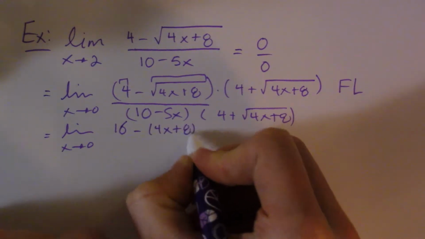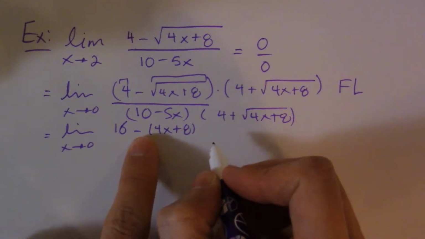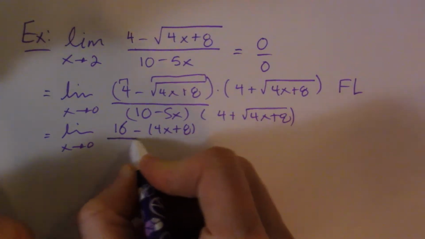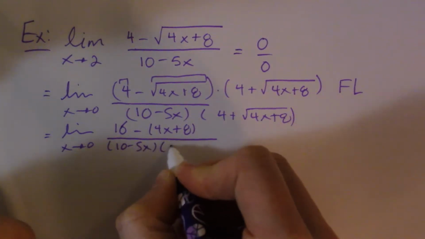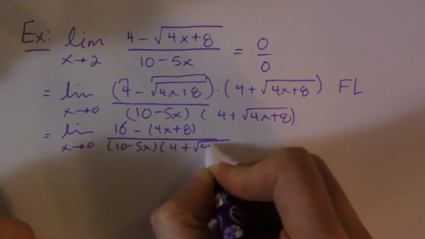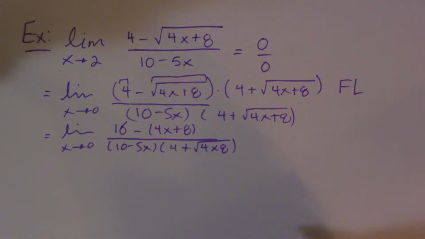I want to make sure that I put brackets around this. And then the bottom part, the part that's not the conjugate, I don't touch. I leave it alone until I absolutely have to.